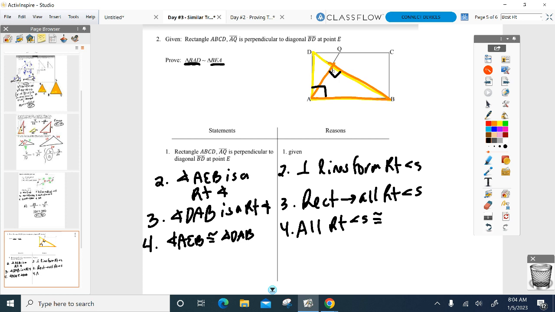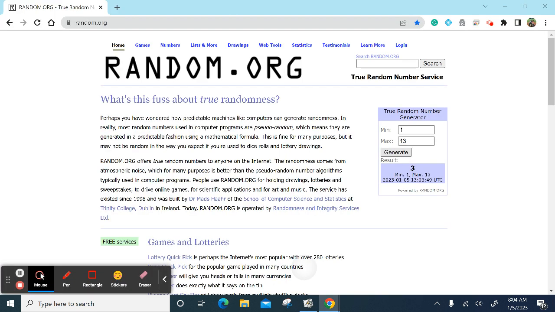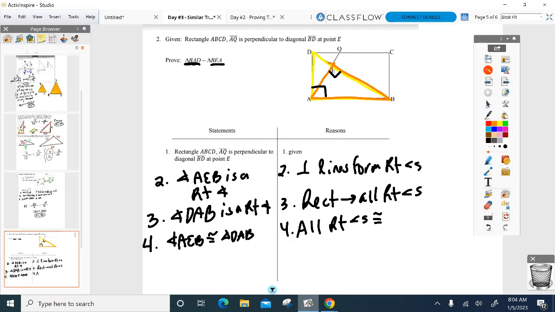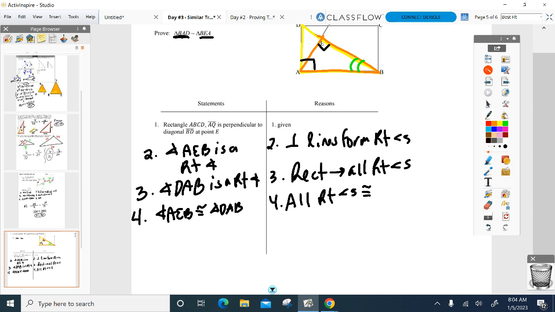A little bit tougher, maybe. Do we see where the second pair of congruent angles would be? Don't overcomplicate it either. Look at the diagram. It has nothing to do with being a rectangle. Where is the other pair of angles? See it? It's angle DBA and EBA. They share the same angle. That's reflexive. Good.